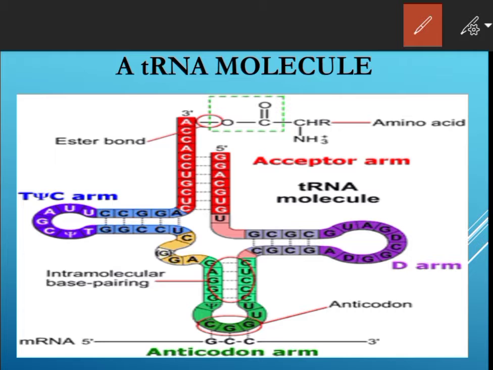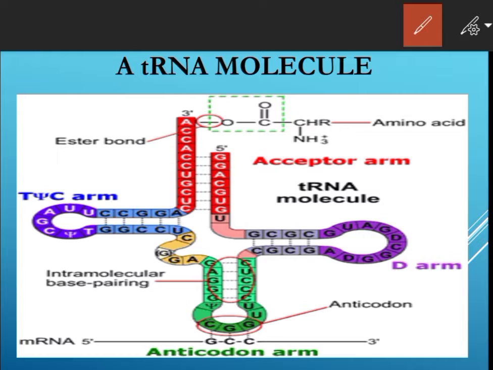Now let us see the structure of tRNA. The tRNA has a secondary structure like a clover leaf, you can see on the screen, but its three-dimensional structure depicts it as an inverted L-shaped molecule.